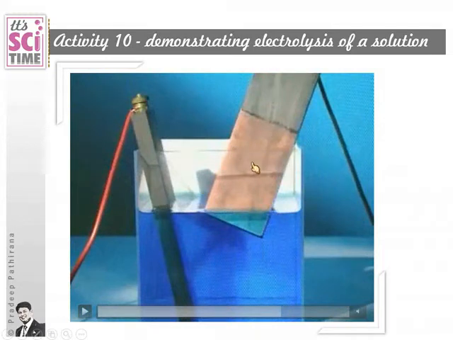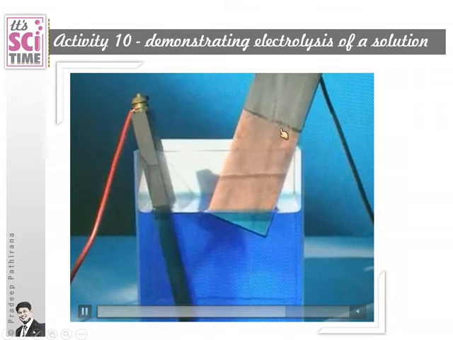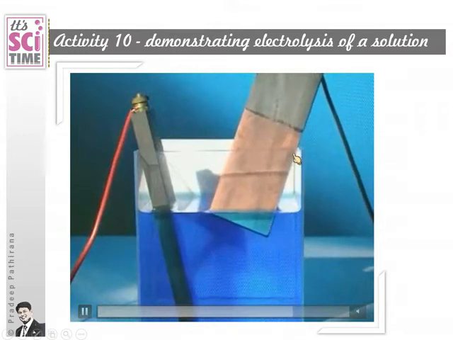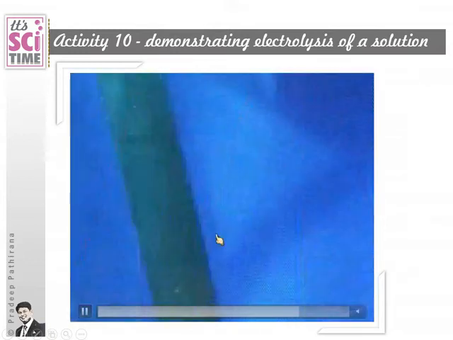This brown substance is the copper. So the copper of the copper sulfate solution has plated over this electrode. It occurs at the negative electrode.